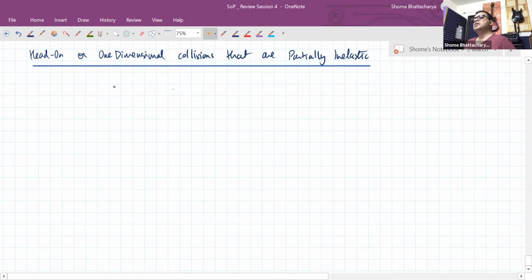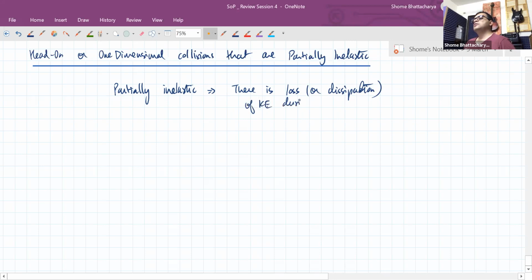So the term partially inelastic means that there is loss or dissipation of kinetic energy during the collision.